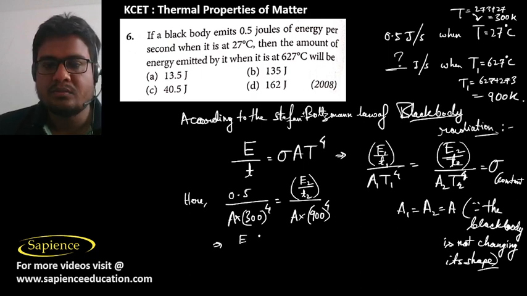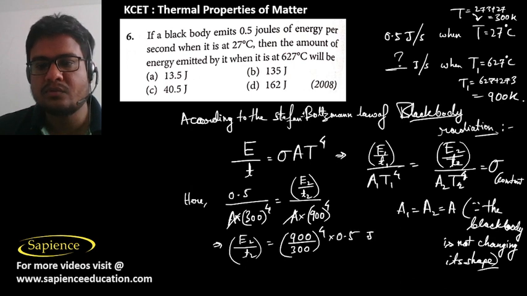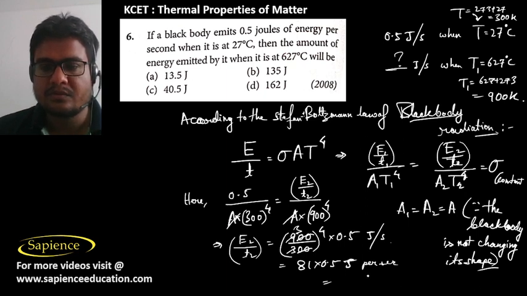So therefore E2 by t2, A and A will cancel, will be equal to 900 by 300 whole power 4 into 0.5 joule per second. So 0 will cancel, 3 3s are 9, so 3 power 4, that is 81 into 0.5 joule per second. So 5 ones are 5, 5 8s are 40, so 40.5 joule per second.